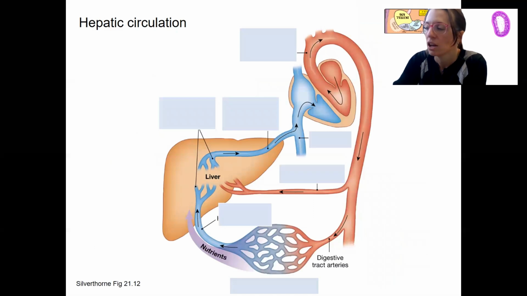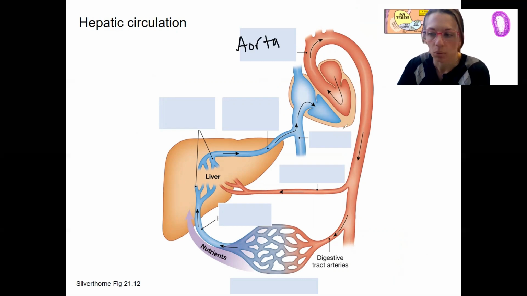Here it is. Okay, could you label things on this picture? Start labeling, see if you can do it. What else would you know right away? We've got an artery going to the liver. That's going to be your hepatic artery. Remember, hepatic refers to the liver. That guy?